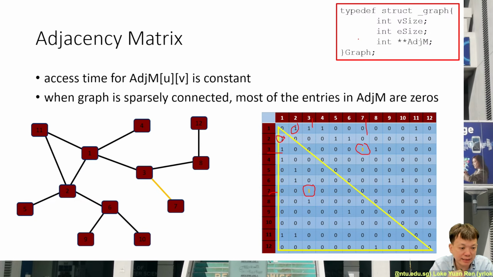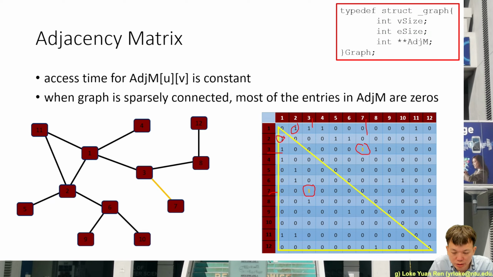The drawback is that in this particular graph, most of the time you use so much space just trying to store zeros. You can see this area, there are a lot of zeros because they are not connected. There's no connection, so you get zero, and you waste a lot of space just storing zeros.